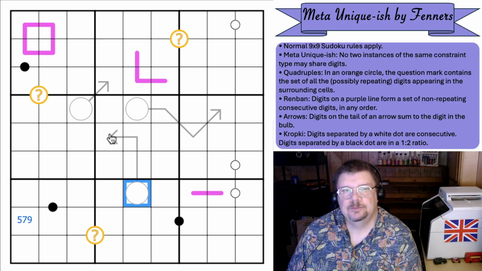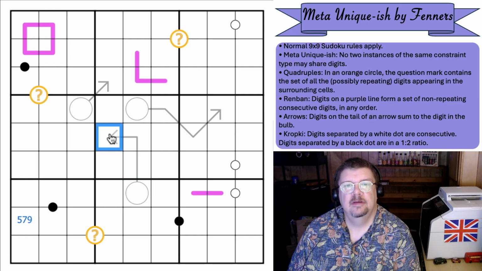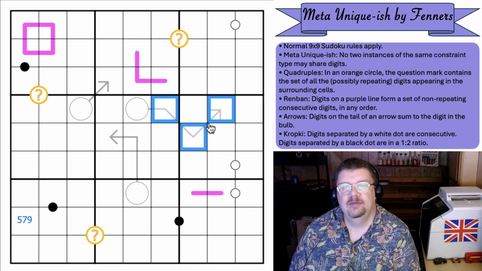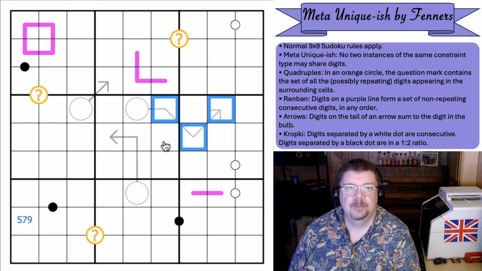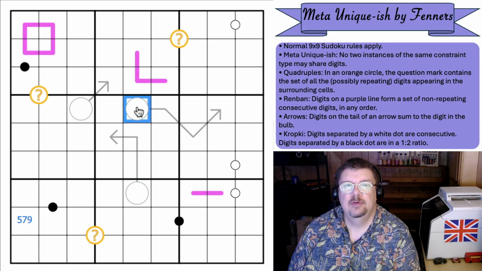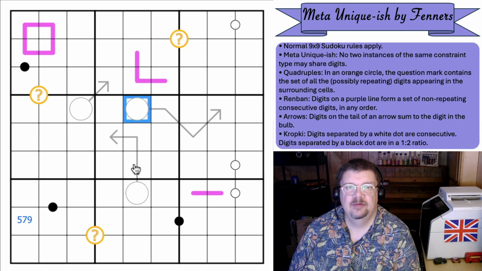But if these were all different digits, then at minimum they would be 1, 2, 3, 4, 5, 6, which sum together to make 21. And that means that these two circles would have to sum to 21, which they can't do because by Sudoku, the highest they can be is 8 and 9, which is only 17.